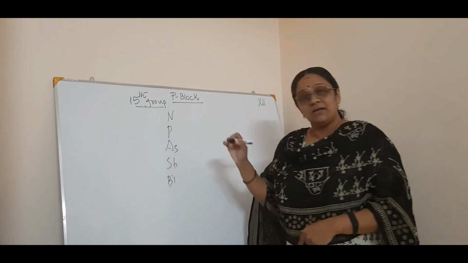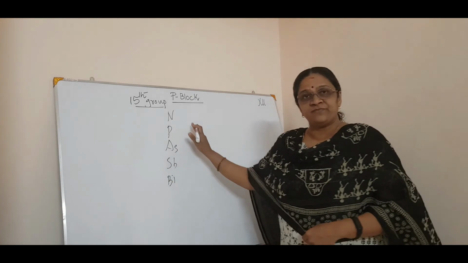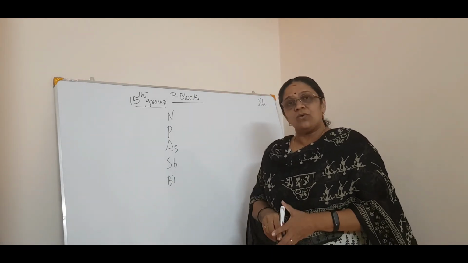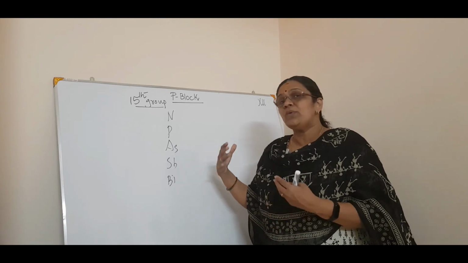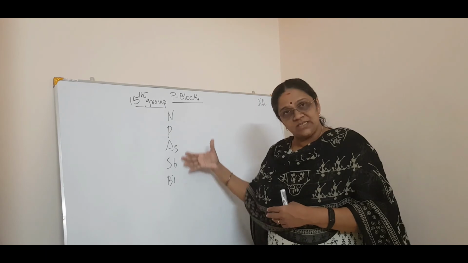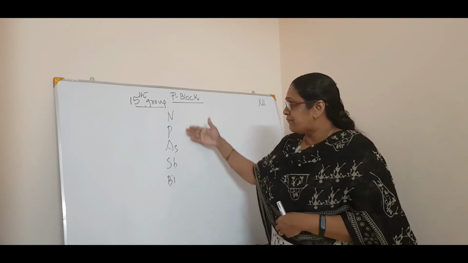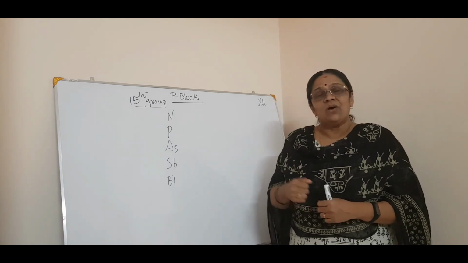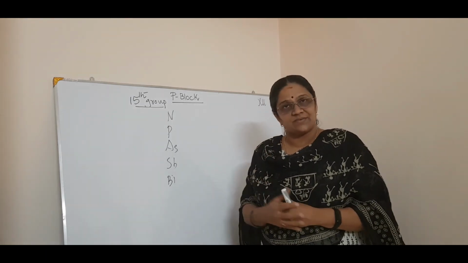So these are the five elements in the 15th group. In the textbook, we will cover the important properties of these elements from top to bottom, what their chemical reactivities are, what the formation of oxides is, etc.